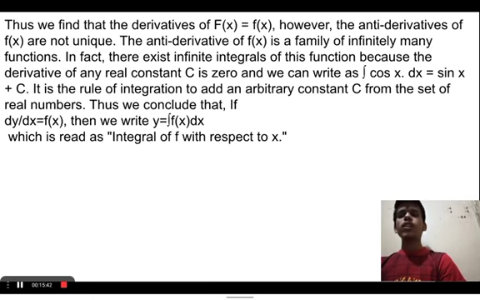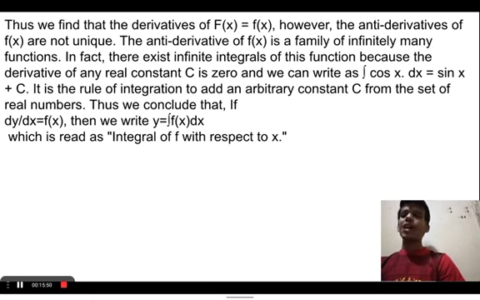It is the rule of integration to add an arbitrary constant c from the set of real numbers. It may be anything. Thus we conclude that if dy/dx equals f(x), then we write y equals integral of f(x) dx, which is read as integral of f with respect to x. Okay.